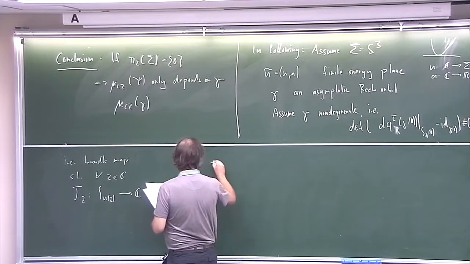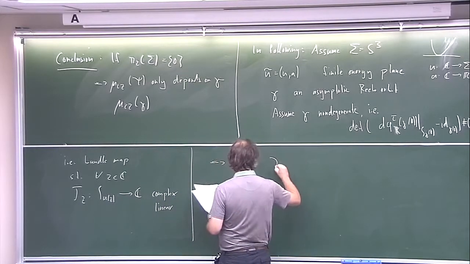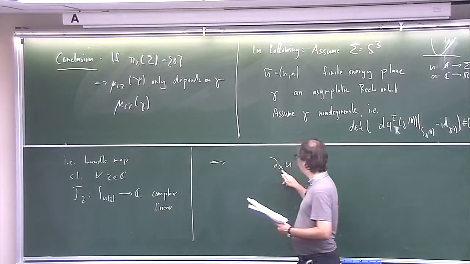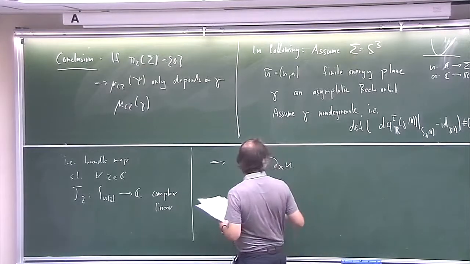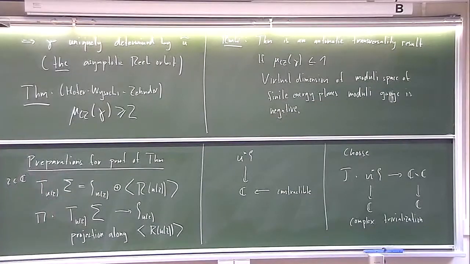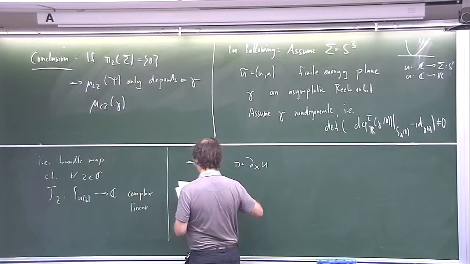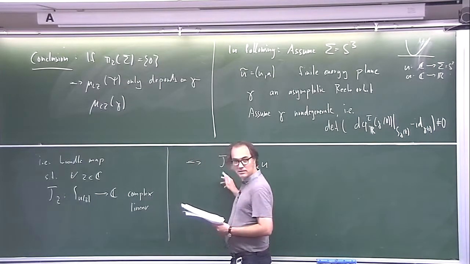And then we first look at d_x of u, the partial derivative in the x direction. So this lies in the tangent space of sigma. Then we project to the hyperplane distribution, and then we apply the trivialization.